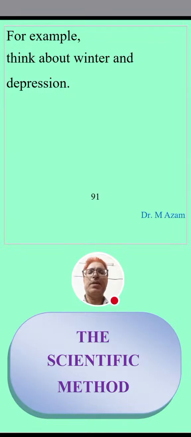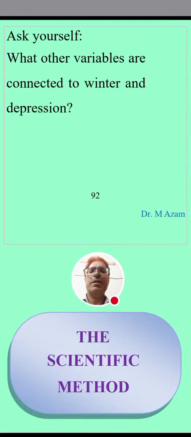For example, think about winter and depression. Winter is also a variable because it changes. The temperature changes on different days. Depression also changes in quantity. It is also a variable.